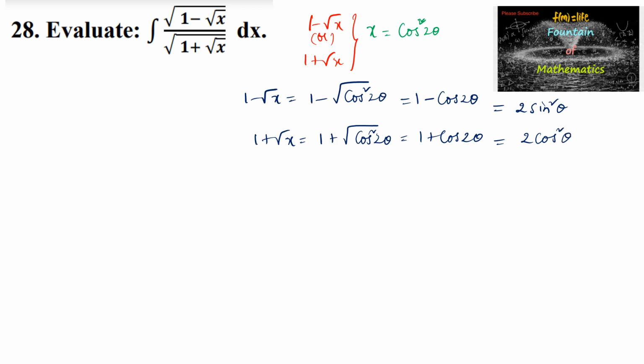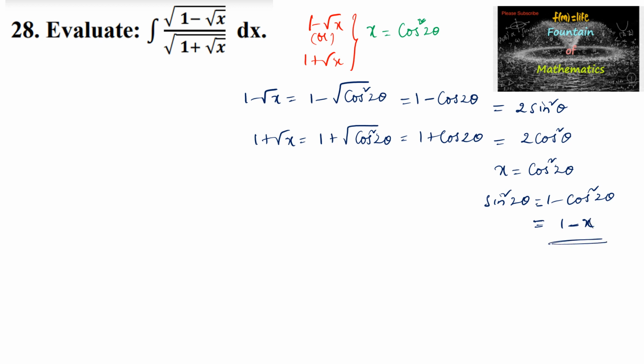And also we can remember, when x is equal to cos square 2 theta, then sin square 2 theta is equal to 1 minus cos square 2 theta, that is 1 minus x. So sin square 2 theta is equal to 1 minus x, we can remember.